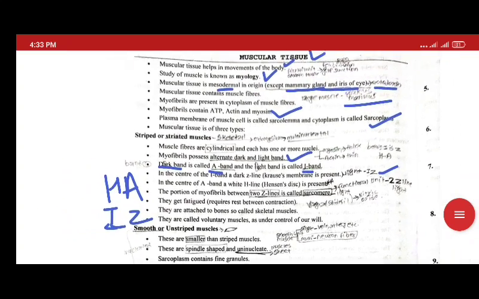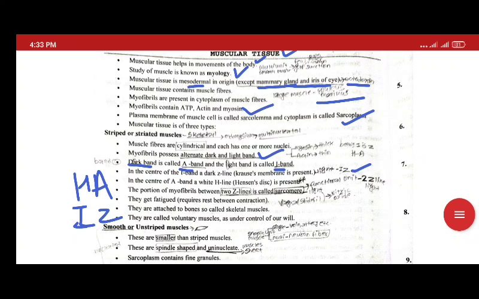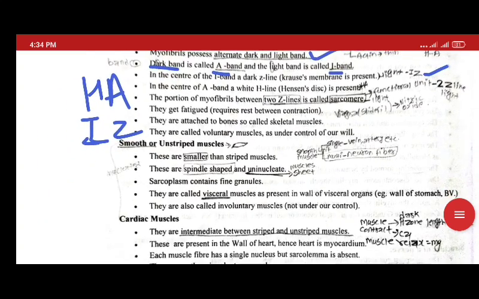Also, in muscles we have the strongest muscle, which is of our mouth, and the largest muscle is our buttock, or we can say gluteus maximus. And the functional unit of this muscle is the sarcomere.